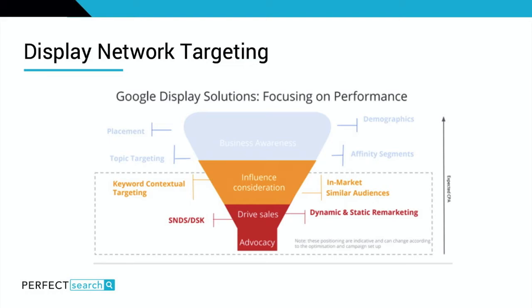And then on the other side, we have in-market audiences. And what these do is it buckets people into audiences defined by Google that says this user is in the market to purchase a bouquet of flowers. And you don't want to see the magic behind the curtain, okay? You want to keep that to Google.